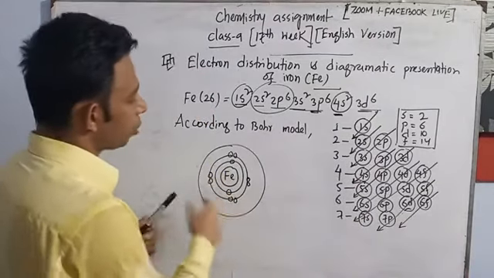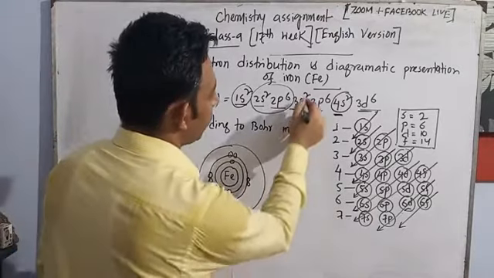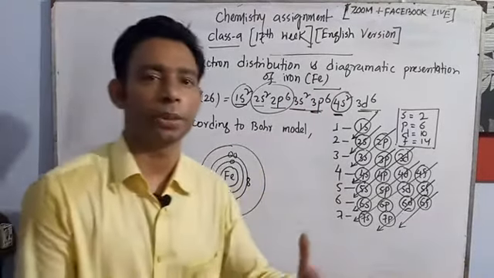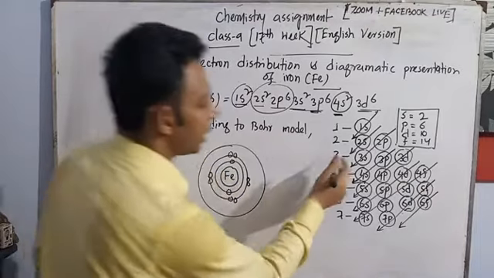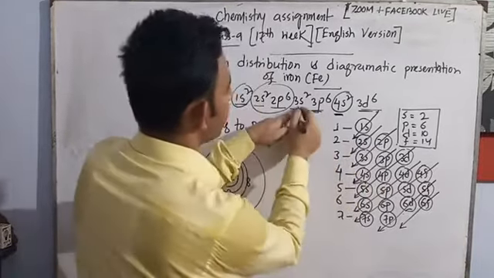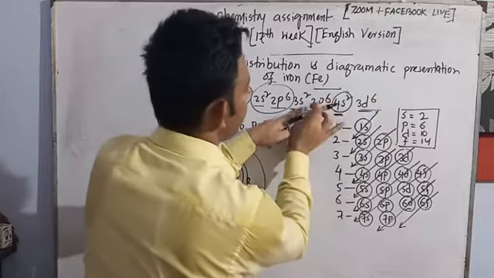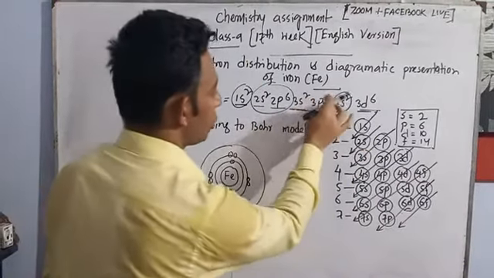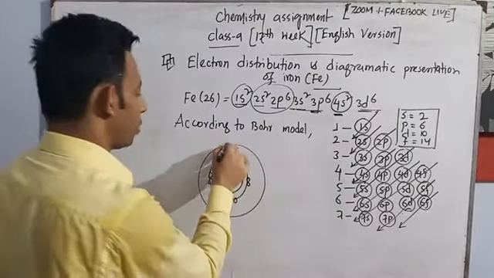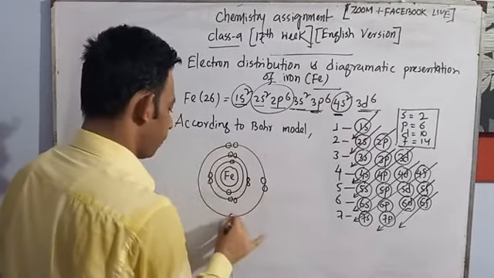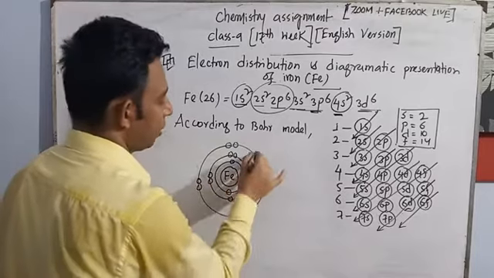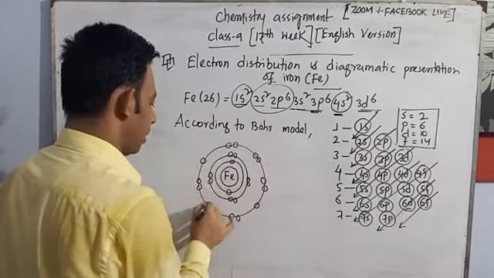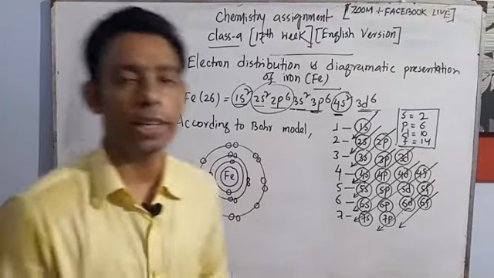Many of the students made a mistake here: 3s, 3p, so they gave 8 electrons. No, the third shell is 3s, 3p and 3d, so 3s, 3p and 3d will all count, since they are all 3. Counting the number of electrons: 2, 6, 8 and 6 more makes 14. At first I give 8, then 8 and 4 makes 12, and I make it 2 more for 14 electrons.